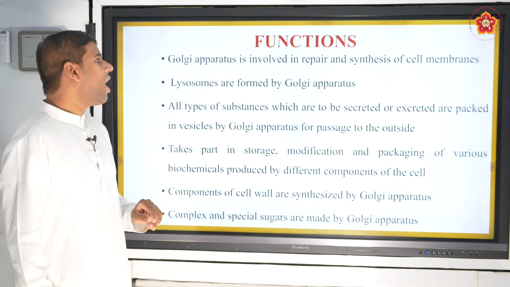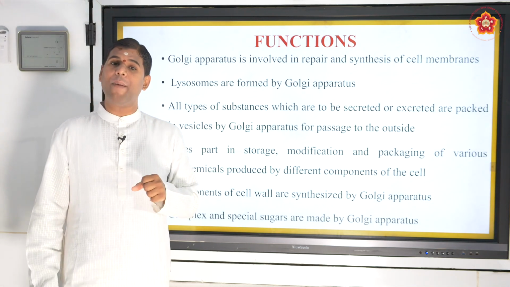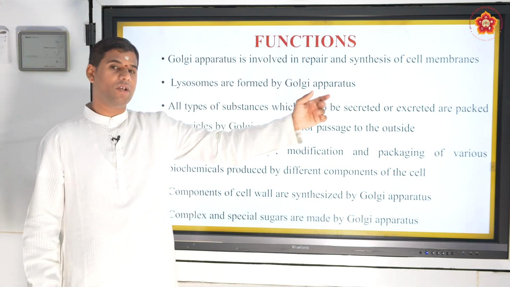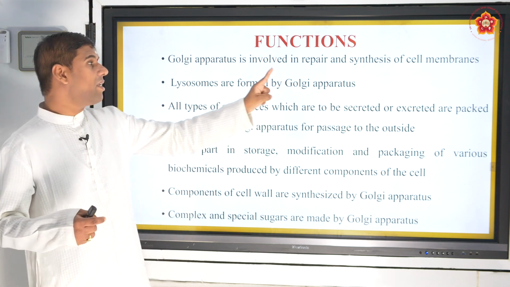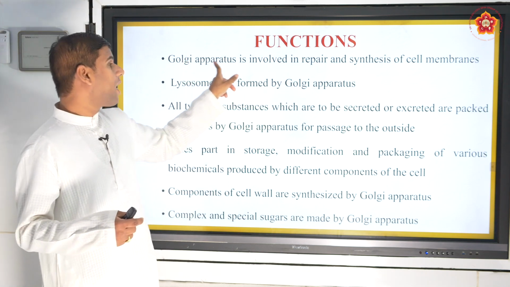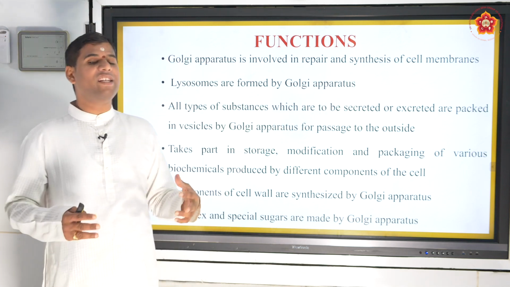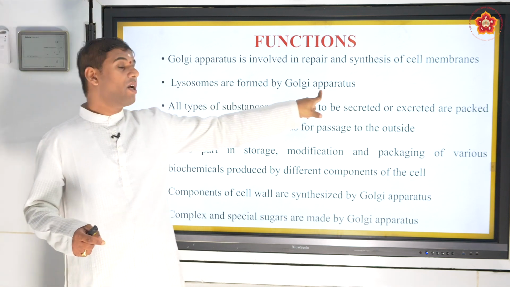Alright. Now the functions of this Golgi apparatus. So what does this Golgi apparatus do? It is involved in repair and synthesis of cell membranes. So damage and repair always take place. When the cell membrane gets damaged, it is repaired by this Golgi apparatus, and also the synthesis. So the cell membrane is synthesized by this Golgi apparatus, and lysosomes are formed by this Golgi apparatus.